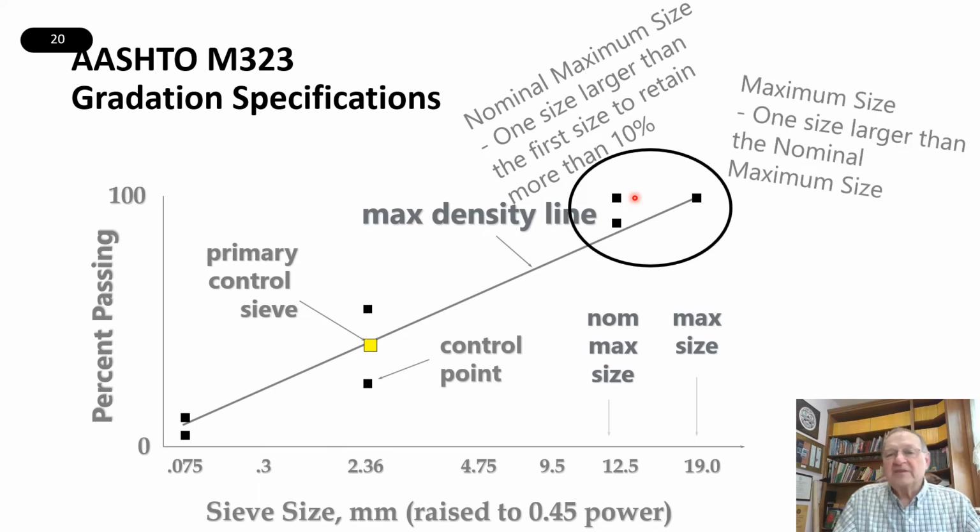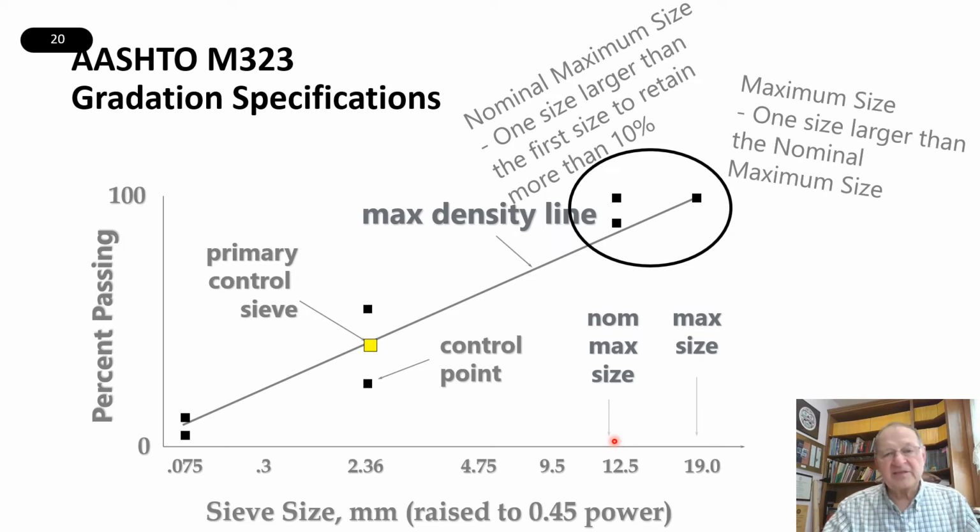The maximum size is defined as 1 size larger than the nominal maximum size. So most of the time, this will be pretty straightforward. In our case here, that would be 100% passing the 19 millimeter and somewhere between 90 and 100% passing the 12.5. But there is a special time when we can get fooled.